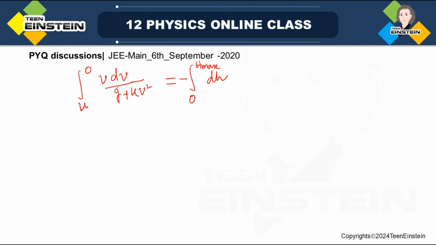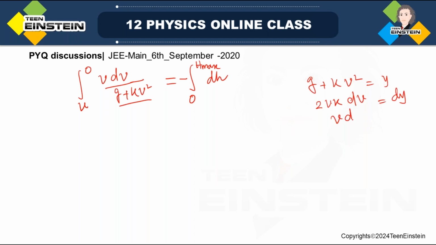So here, if I have to do this integration, I have to make a replacement: let us say g plus k v square is y. If I take the derivative, g is a constant term and k is also constant, so we get 2 k v dv is equal to dy.